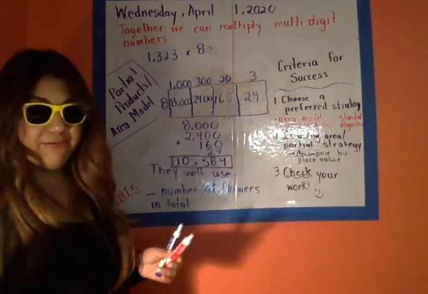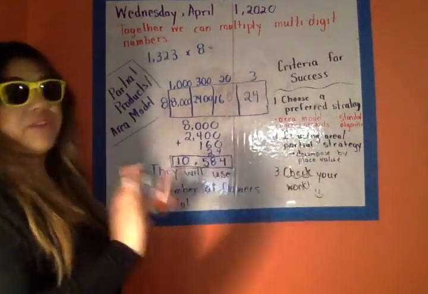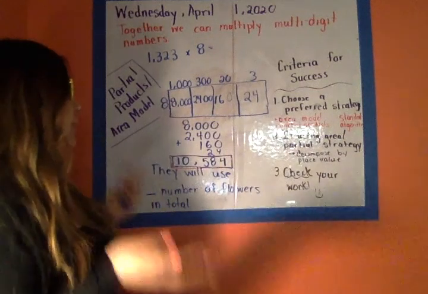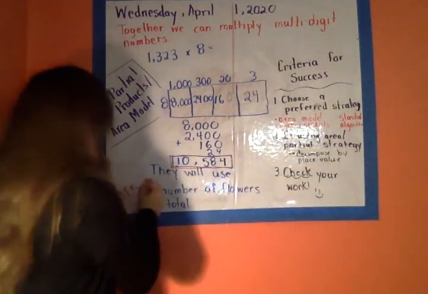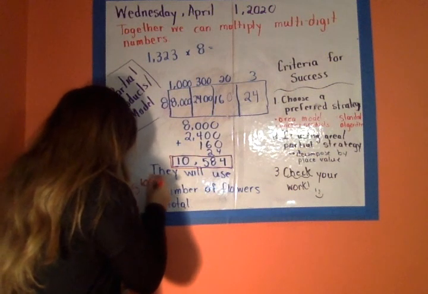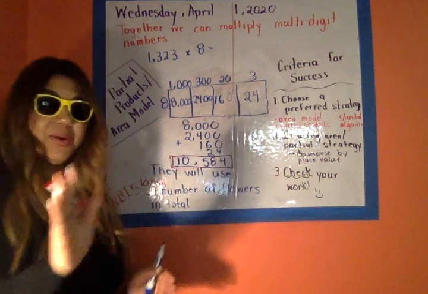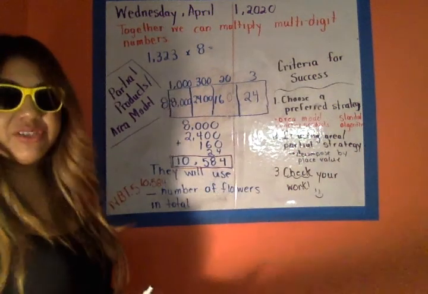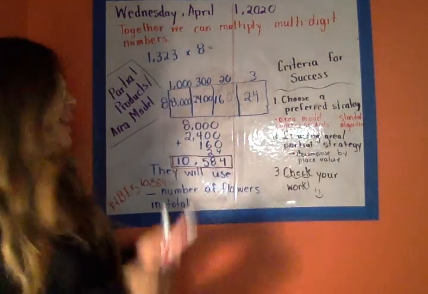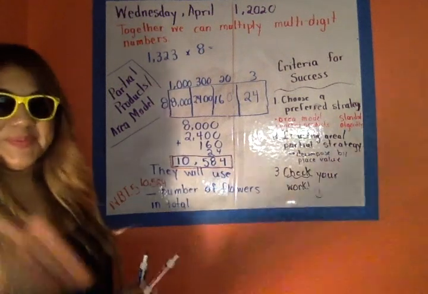I'm going to save that for a separate video just because I want to show you the different multiplication strategies. However, let's rewrite our answer right over here. And let's just make sure that we continue our work by checking our work. So I'm going to stop this video. However, you're going to have to tune back in to check your work using another strategy. Got it? Awesome. See you soon.